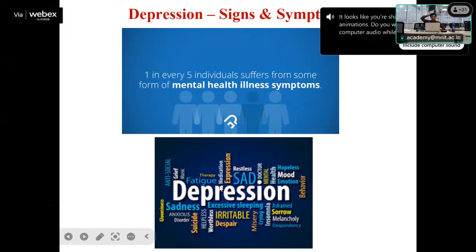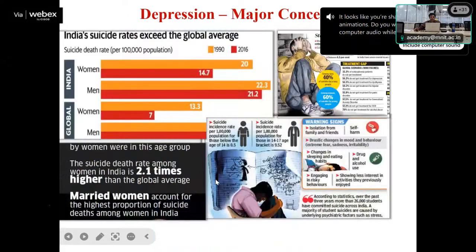Currently 1 out of 5 people are suffering from depression, and definitely we need to think about some solution. The suicide cases in India due to depression are larger compared to the global figure, and women have a higher tendency of suicidal thoughts than men.